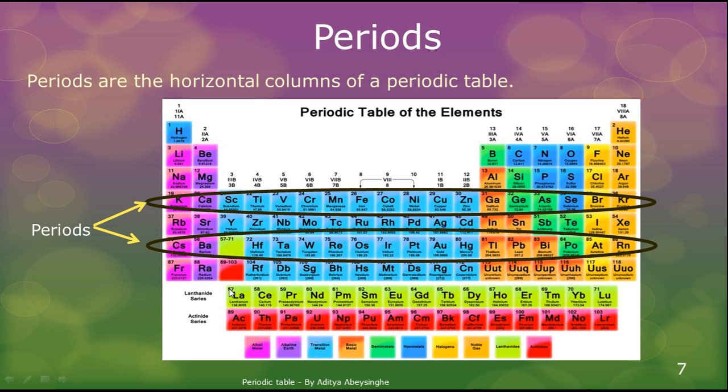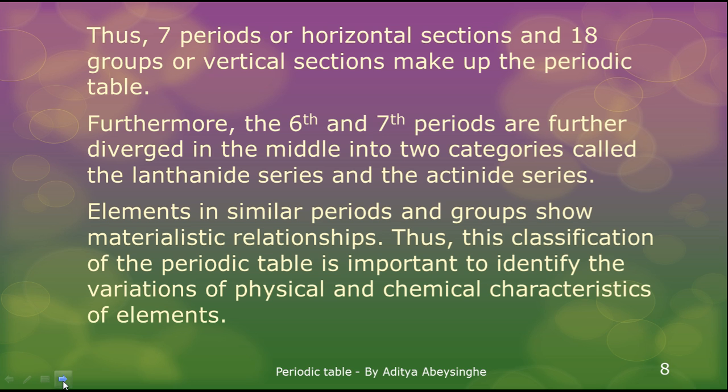So don't consider these two rows, the lanthanide series and the actinide series, as two periods. These are just diverged parts of the 6th and 7th periods. The 6th and 7th periods are further diverged in the middle into two categories called the lanthanide series and the actinide series.